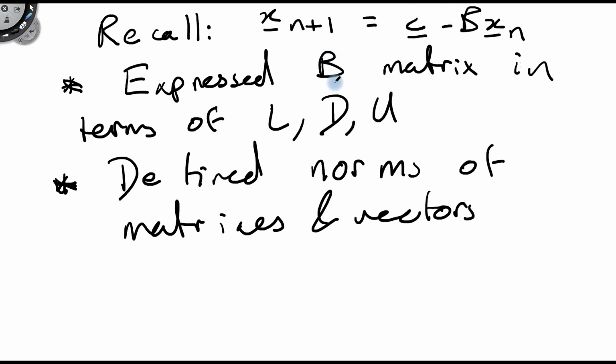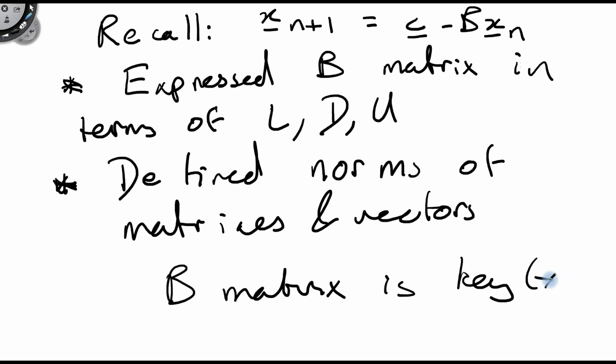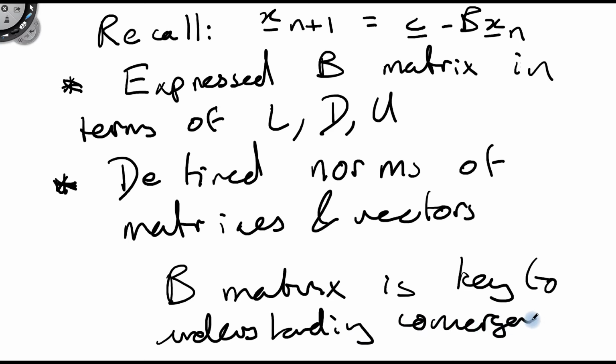So it turns out the B matrix is key to understanding convergence. If you're interested in analogies with the root finding part of the module, this is analogous to the fixed point method there.